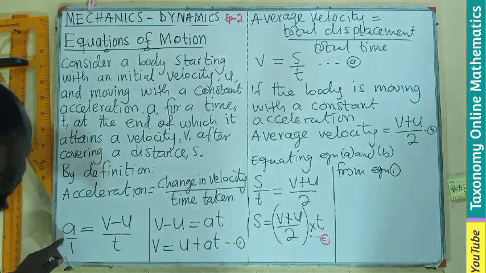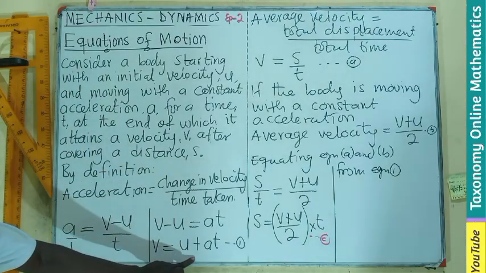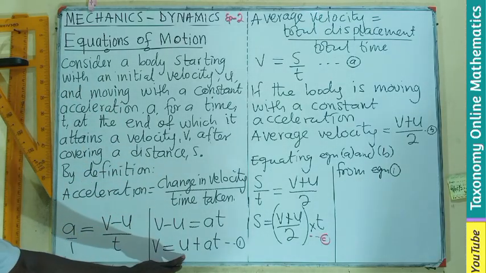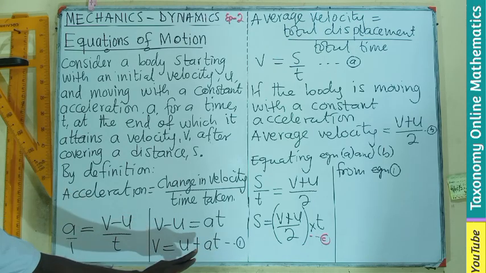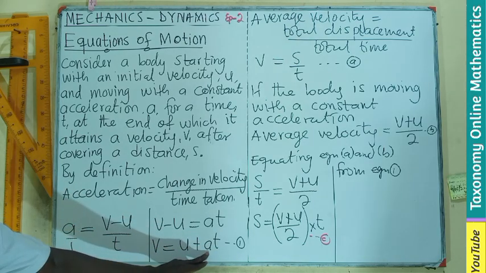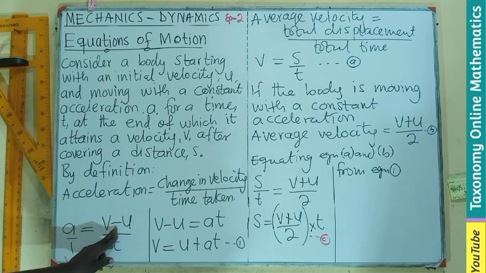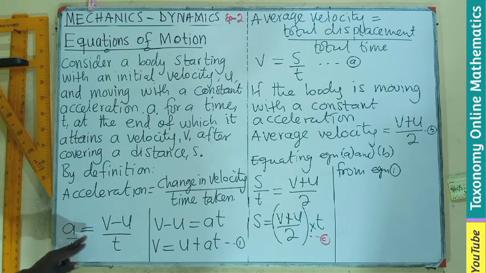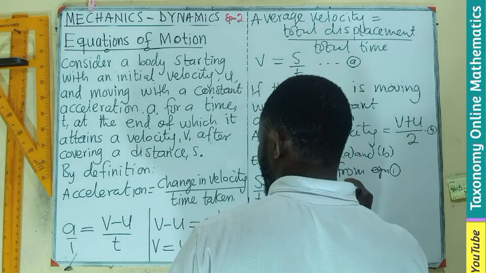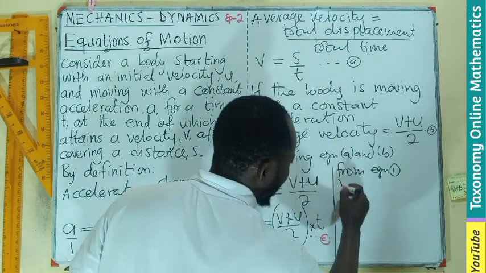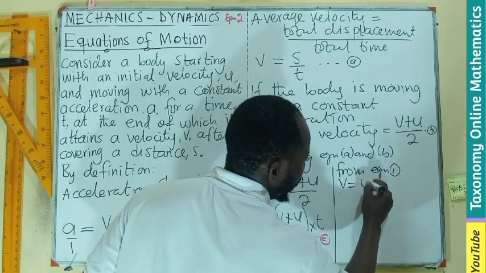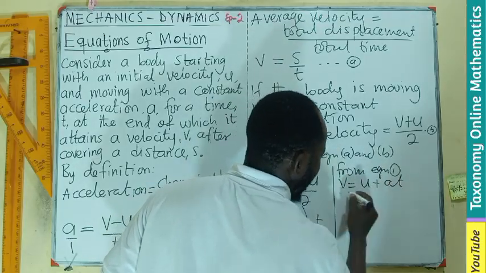From equation 1, which is here, I'm going to pick it from here. If I have this, I can also find T in terms of V, U, and A. If I cross multiply, the T will go here, the A will come here. So I can also have T. Let me indicate here first: V equals U plus AT.